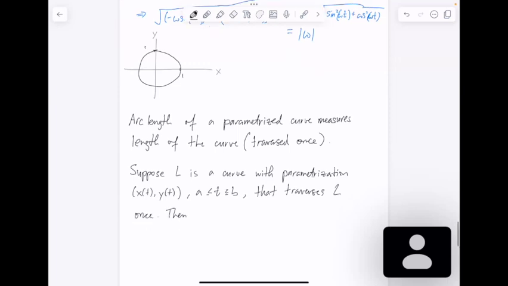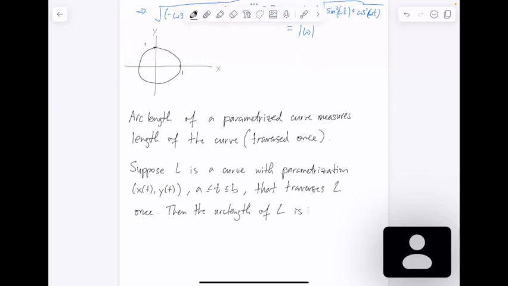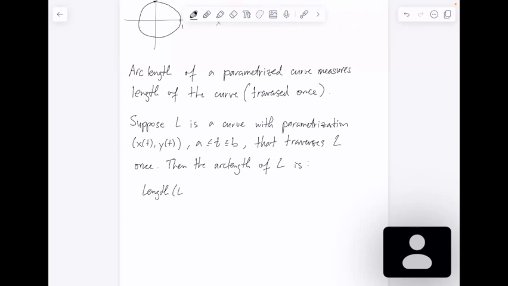Then the arc length of L is as follows. The length of your curve, given this parameterization, is, with your parameter from a to b, you just want to integrate the speed, which isn't too surprising, right? Because once you agree that this is a speed, the only difficult part is agreeing that this is in fact the speed of your parameterization, which I hope I convinced you with my sketchy argument.